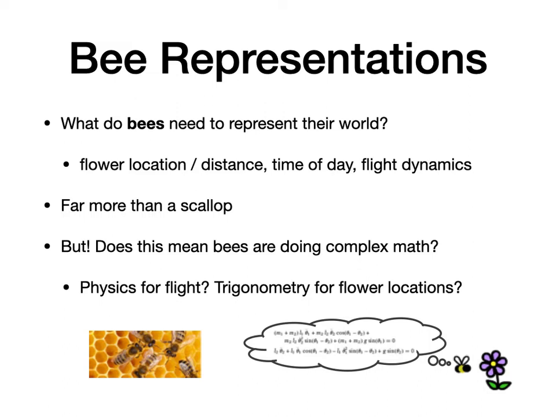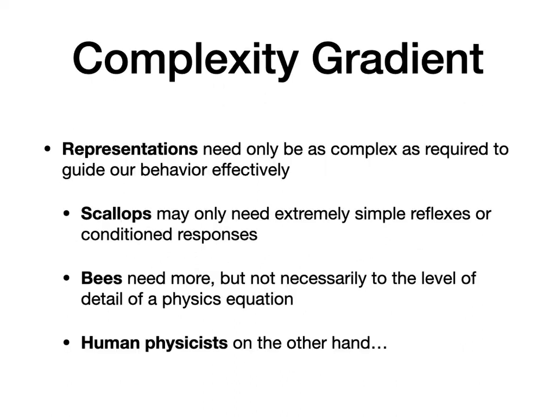And this puts things on a complexity gradient, right? Representations really only need to be as complex as required to guide our behavior effectively. Therefore, scallops likely only really need their super simple reflexes and a small amount of conditioned responses. They need the basic stuff that we talked about before. Bees need a little bit more going on, but maybe not to the level of the physics equation.